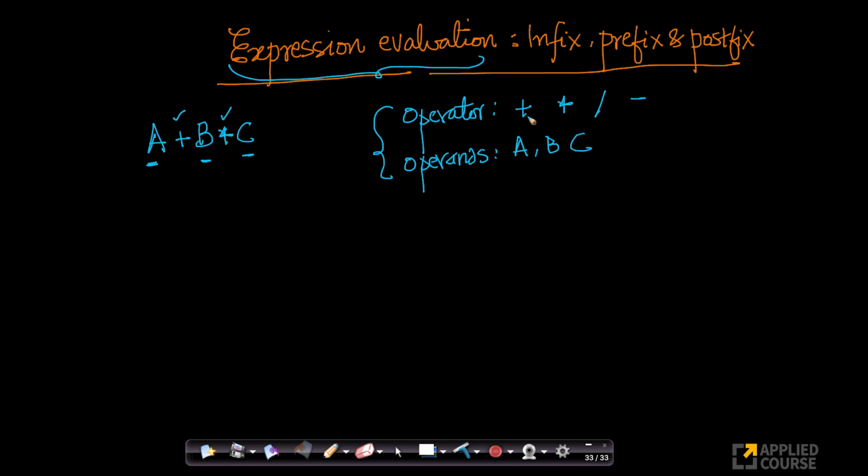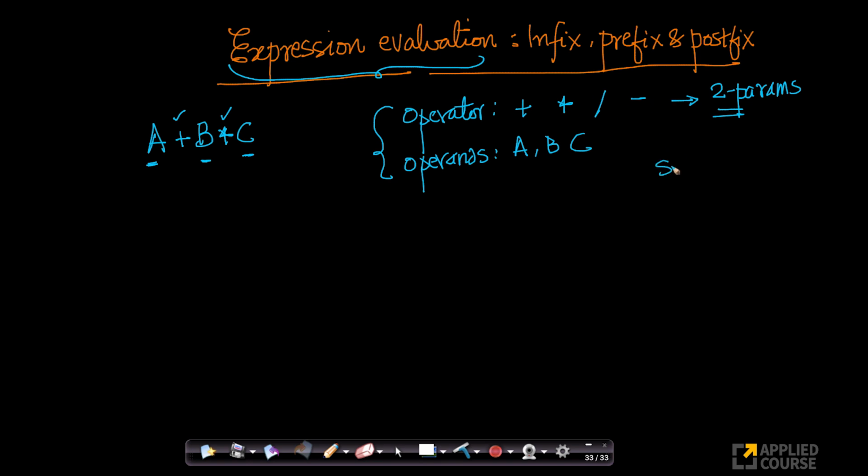And your operators, whether it is plus, star, division, or subtraction, are all two-parameter operators, which means they require two parameters. You can add two numbers or you can subtract one number from the other. They're not unary operators.